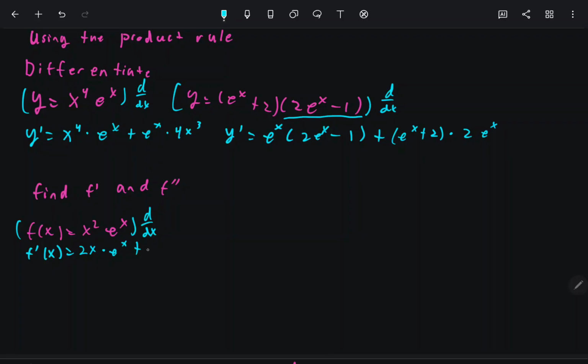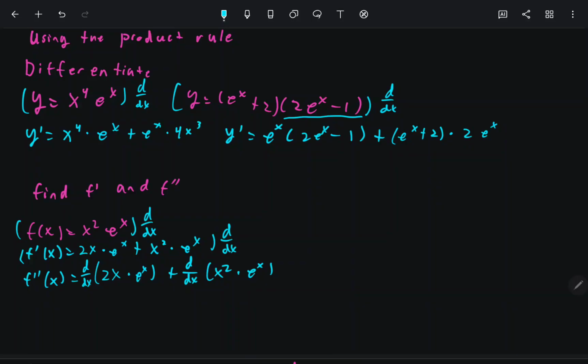Plus the first, which is x squared, times the derivative of the second, which is e to the x. Now how do we find the second derivative? We take the derivative of that again. And this is just the sum of derivatives, so f double prime of x is equal to the derivative of 2x times e to the x plus the derivative of x squared times e to the x. All right, this is going to be a mess.